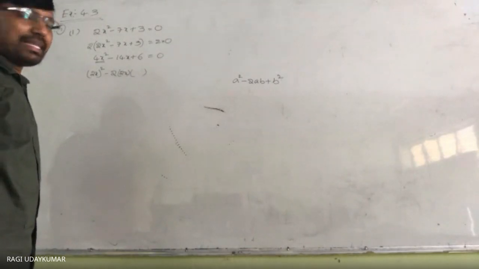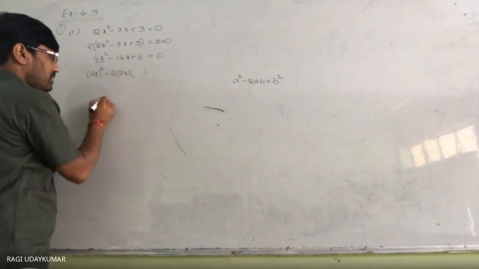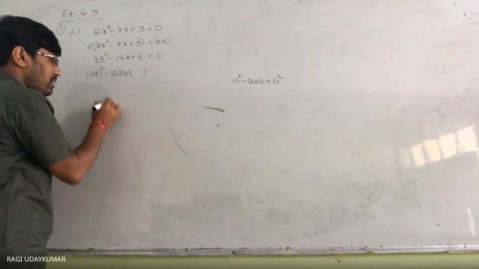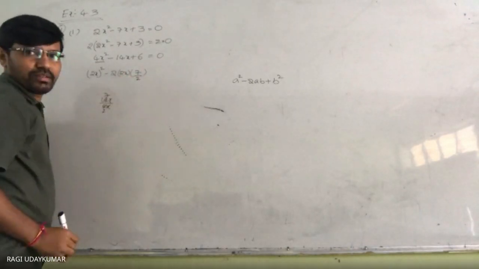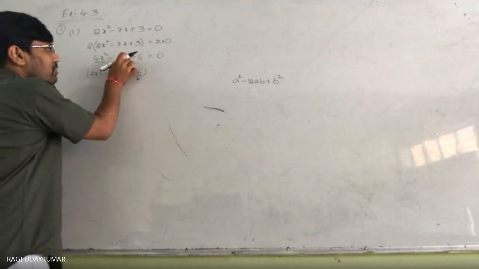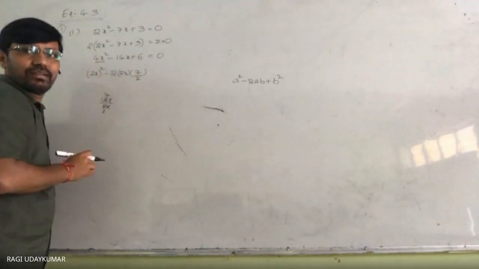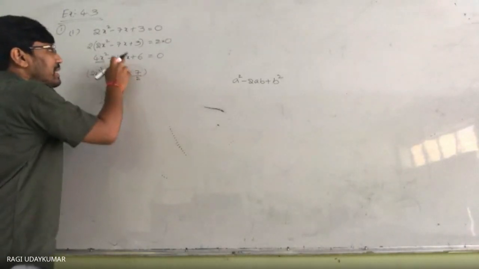So what to do in that situation? Simply you divide this 14x by this 4x. Divide 14x by 4x, x gets cancelled, we are going to get 7 by 2. You fill here 7 by 2. This part I am dividing by this part 4x. So what do you get here? 7 by 2. These 2 and 2 you cancel, 14x minus 14x.